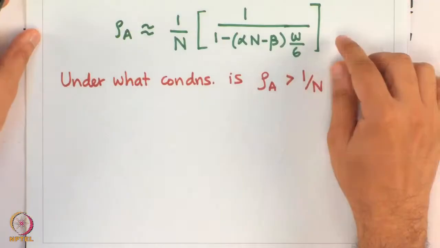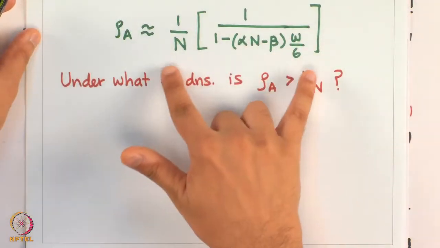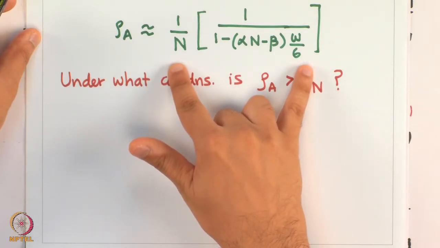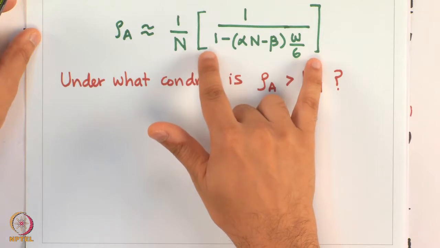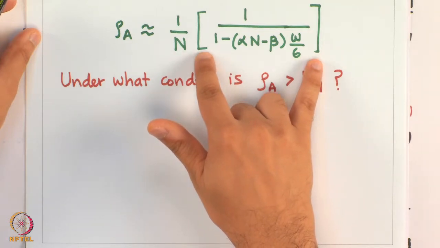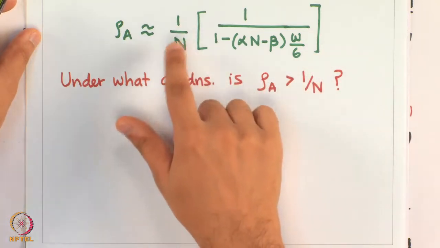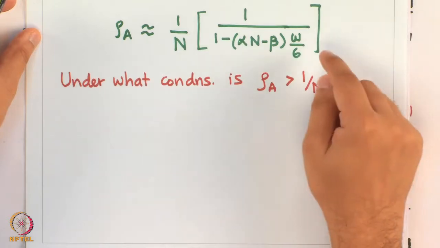So we want to understand what is the condition that this entire relationship is greater than 1 by n, or we can say, when would it be that this term inside the bracket is more than 1. Because if this is more than 1, then we have a number more than 1 multiplying 1 by n, and hence the whole thing is more than 1 by n.